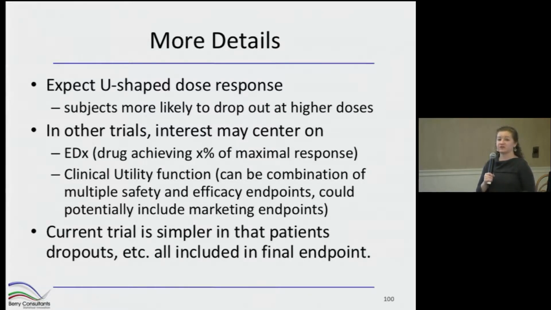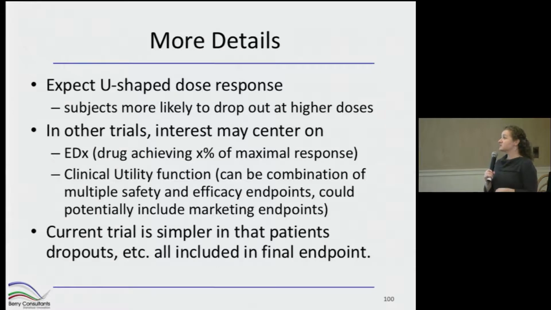Those higher doses may come with more adverse events, and patients are more likely to drop out. Because a dropout is counted as a failure, it's possible that the dose response curve is not just increasing, but at some point starts to decrease because those adverse events outweigh the benefits. So we're assuming a U-shaped curve is a possibility, and we're looking for the maximum effect, which may be at one of the middle doses.